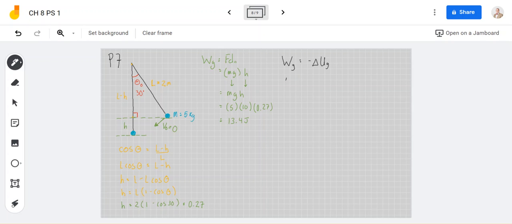You could write it as the change in the potential energy is equal to the negative work. And the reason is that the work was positive and the potential energy is decreasing. Therefore, they have to have the opposite sign, okay? Because the work was positive, the energy was decreasing. That's how you know they have the opposite sign. So what that tells you is the change in the gravitational potential energy would be equal to negative 13.4 joules.